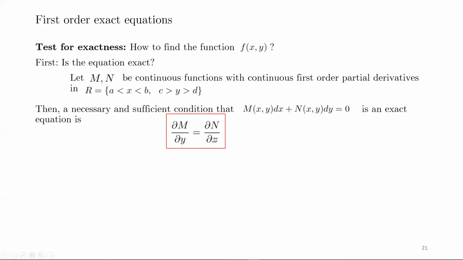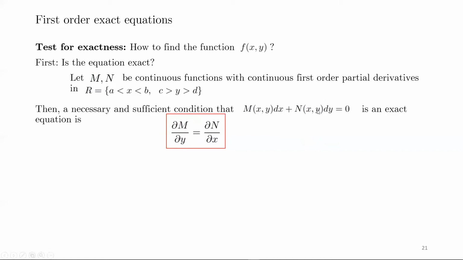So just take a moment to look at the order of this. The equation, which is potentially exact, is M times dx, but the test to see if it is exact is to take the partial derivative of M with respect to y. So we're multiplying by the differential dx, but the partial derivative is with respect to y.